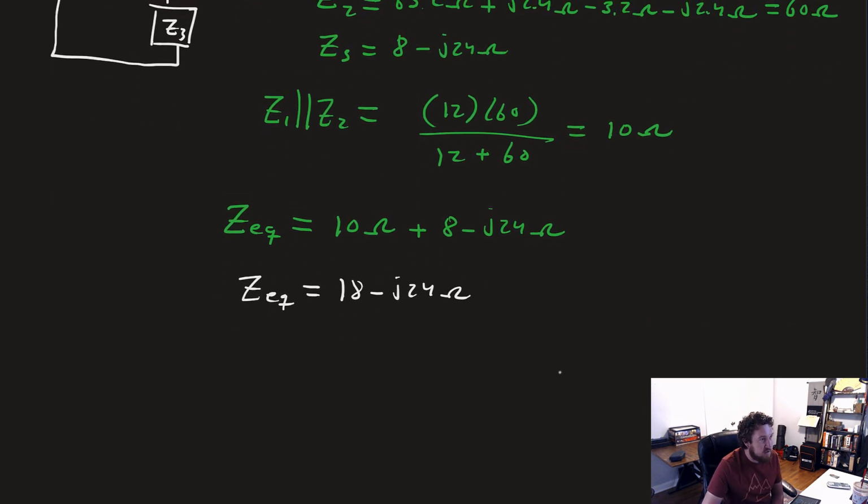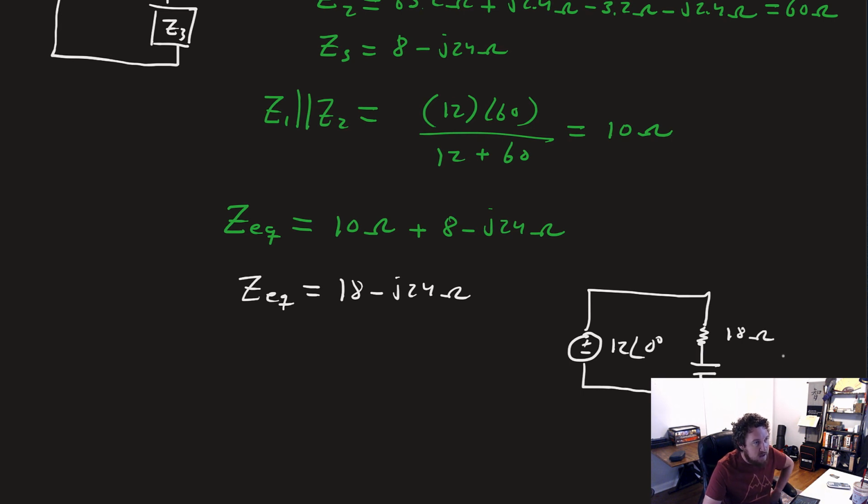So now we've got a circuit that's just the source, which is 12 at an angle of 0, connected to an impedance. I could just draw it as a box, but remember, if I was doing it correctly, I would say it's a resistor connected to a capacitor. And that's 18 ohms and minus J24 ohms.